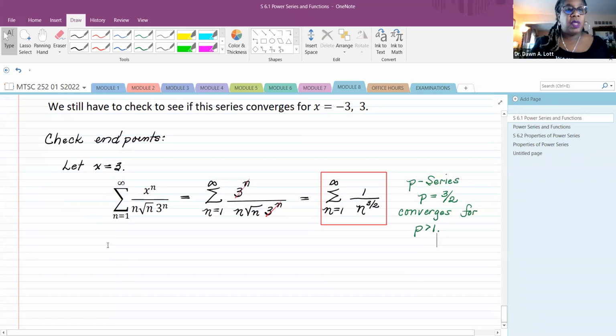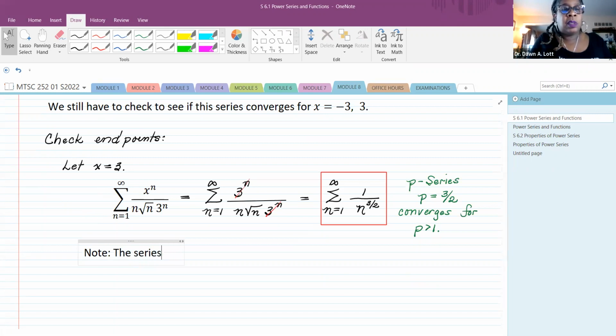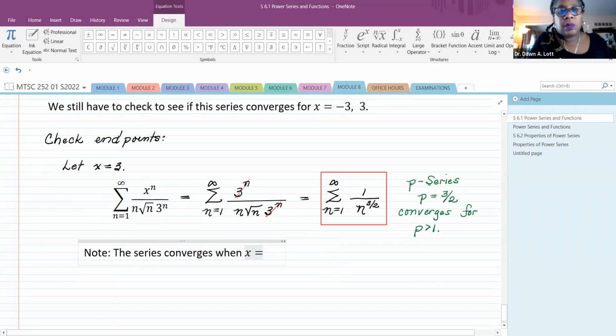The first thing we can now note is that the series converges when x is equal to 3. All righty, let's check the other endpoint.